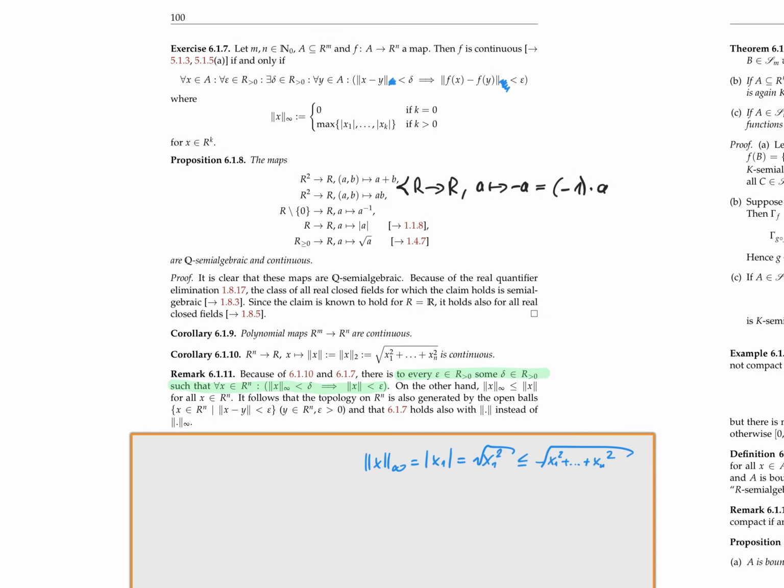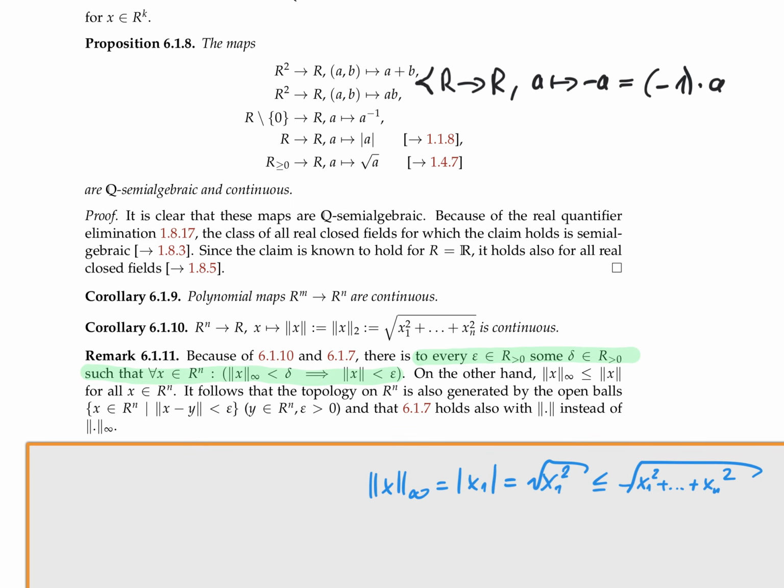So that follows now easily from these things you play around with. So you use what I colored here in yellow, namely this and this, right?